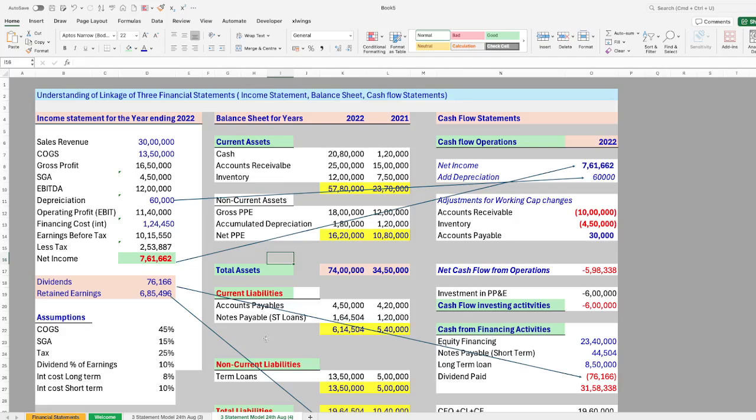The more you look into different types of balance sheets, such as how the balance sheet and income statement of a manufacturing company look, and how the income statement, balance sheet, and cash flow statement look from a financial institution's point of view, or a non-banking financial institution, or a financial services company, the more you will have a clear idea of all the linkages. Because this will be a first step towards starting the valuation.